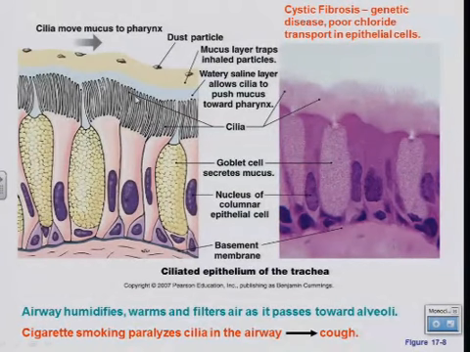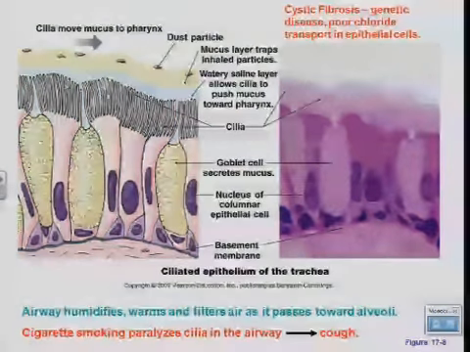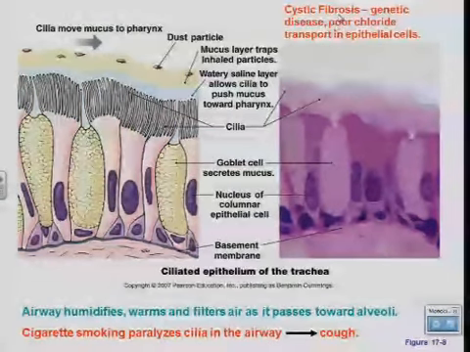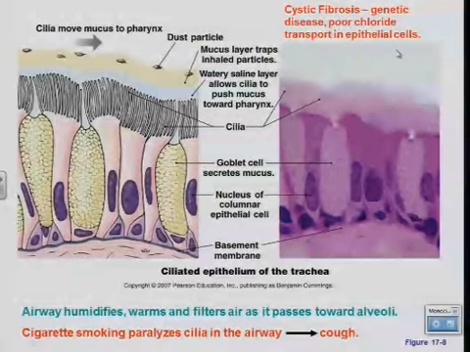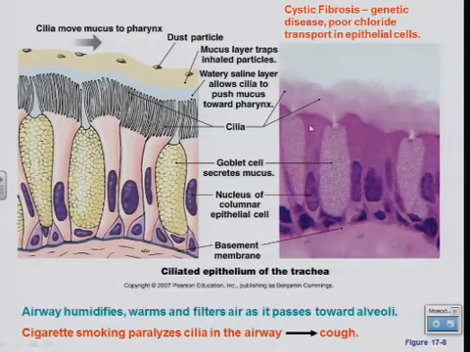We mentioned that smoking decreases cilia function dramatically. Therefore, they don't move this mucus layer out very well. So smokers have a tendency to have a cough. This cough helps to move the mucus out, but due to the decreased cilia function from smoking, that's very ineffective. As well, we talked about cystic fibrosis, a genetic disease which affects chloride transport, the chloride channels in the apical layer of the epithelial cells, the ciliated epithelium.